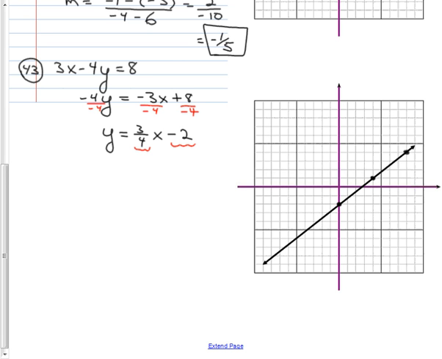Find the equation of a line that passes through the points with the given coordinates. So if we are given 2 coordinates, we first want to find what? The slope.